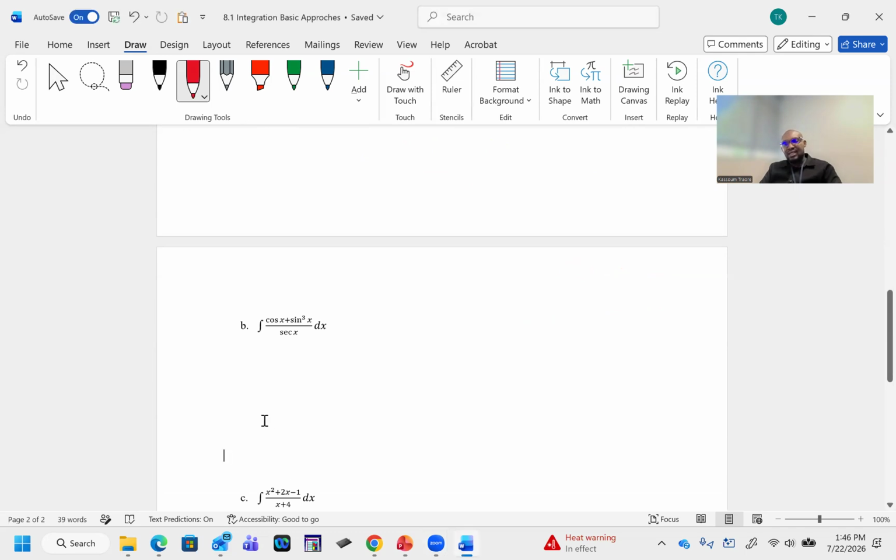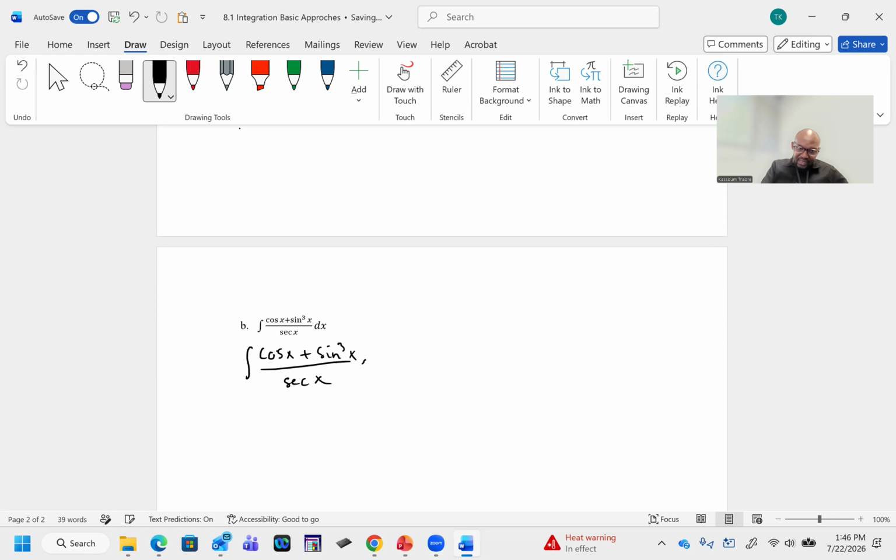In this case, I can set my integral of cosine x plus sine cube of x divided by secant x dx as exactly the same thing as the integral of cosine of x divided by secant x plus sine cube of x divided by secant x dx, right?